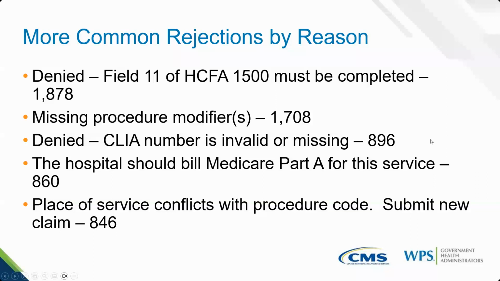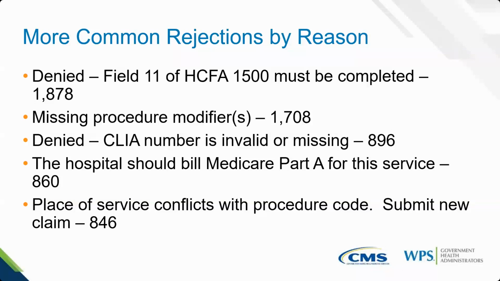Once certified, there's a certification number provided to that provider, and that number needs to be placed on the claim when billing for those clinical laboratory services. If it's invalid, keyed wrong perhaps, or missing altogether, the claim or the claim line is rejected.